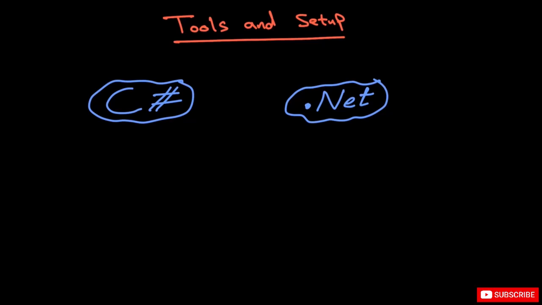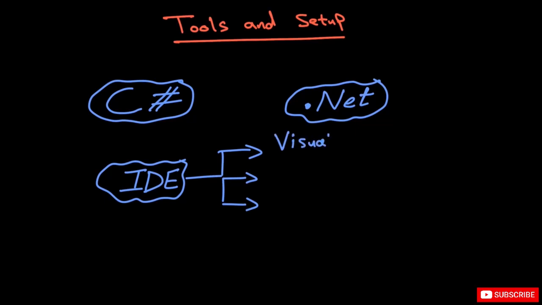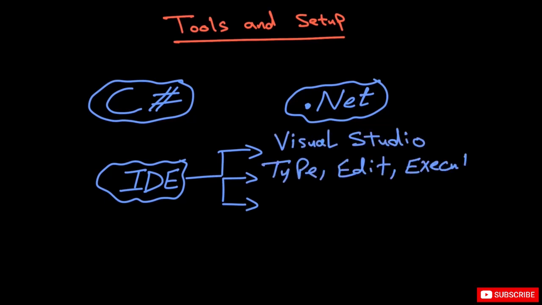To code with the C# programming language, you need a working environment. Our working environment in this course is a very powerful IDE or integrated development environment. And this IDE is called Visual Studio. You can type, edit, test, compile and execute your C# programs easily by using this program or working environment.